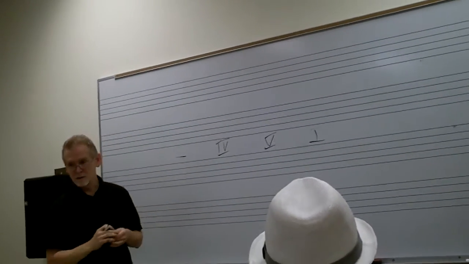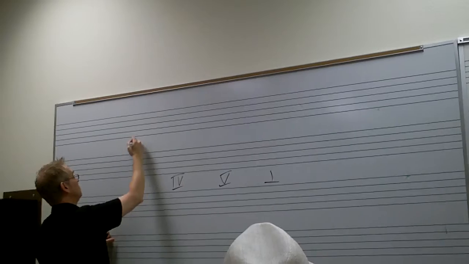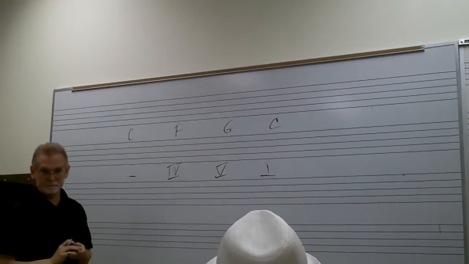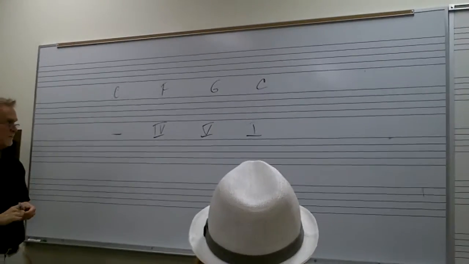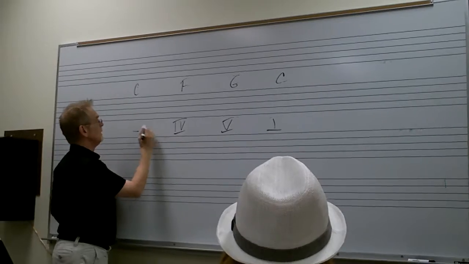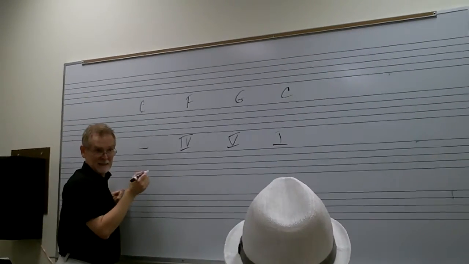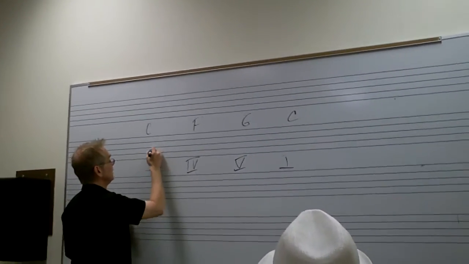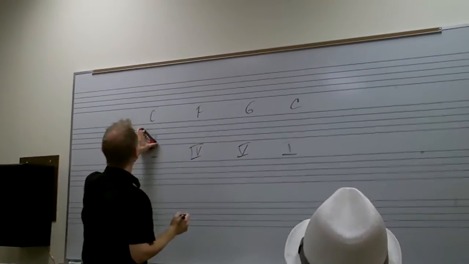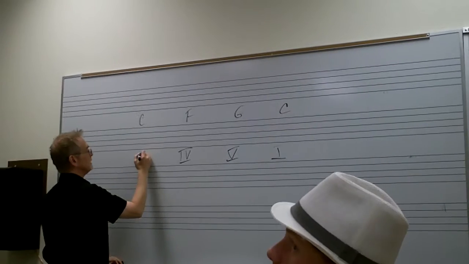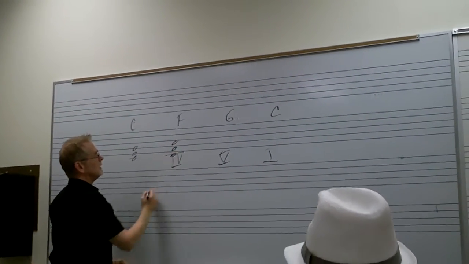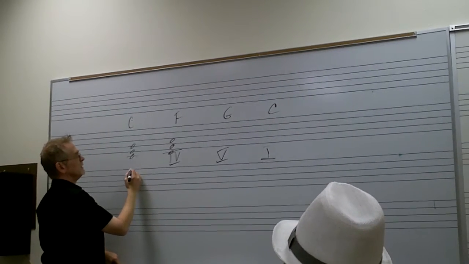Let's insert some funky stuff. We'll do it in the key of C. I want to insert some chromatic linear movement. So I've got a C chord, and I'm going to an F chord. I want to go by way of this.